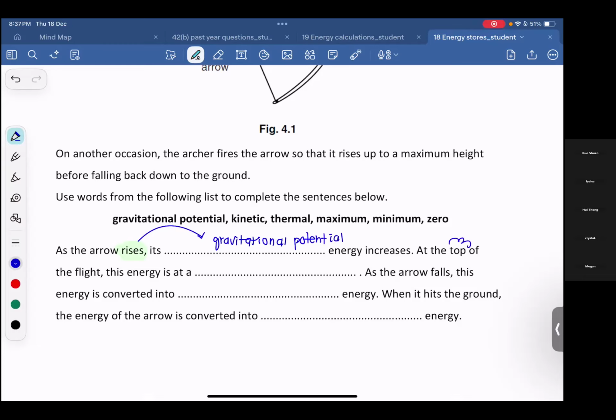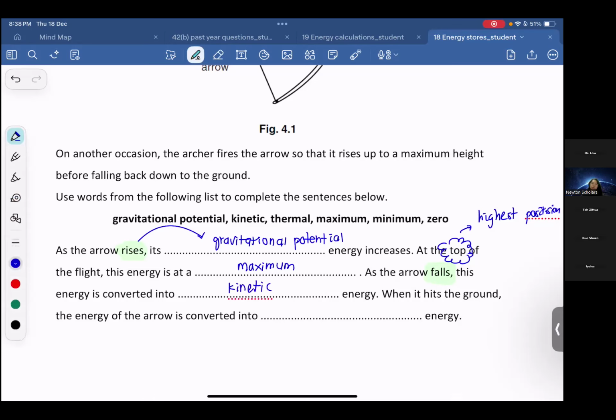At the top, the keyword is highest position. So this one is the highest position. This energy, GPE, is at maximum because it is at the top, the highest position already. As the arrow falls, your GPE will start to decrease, and the energy is converted into kinetic energy.